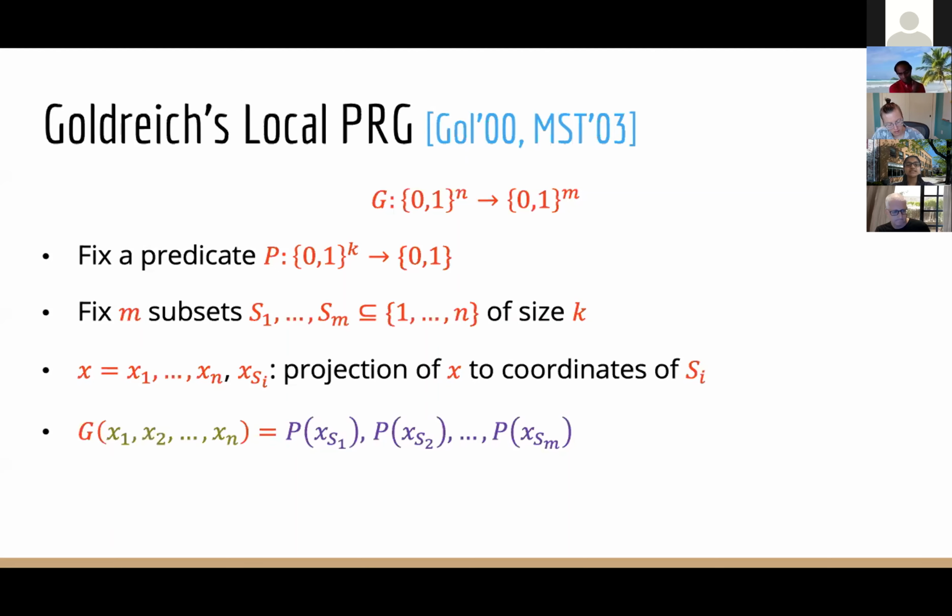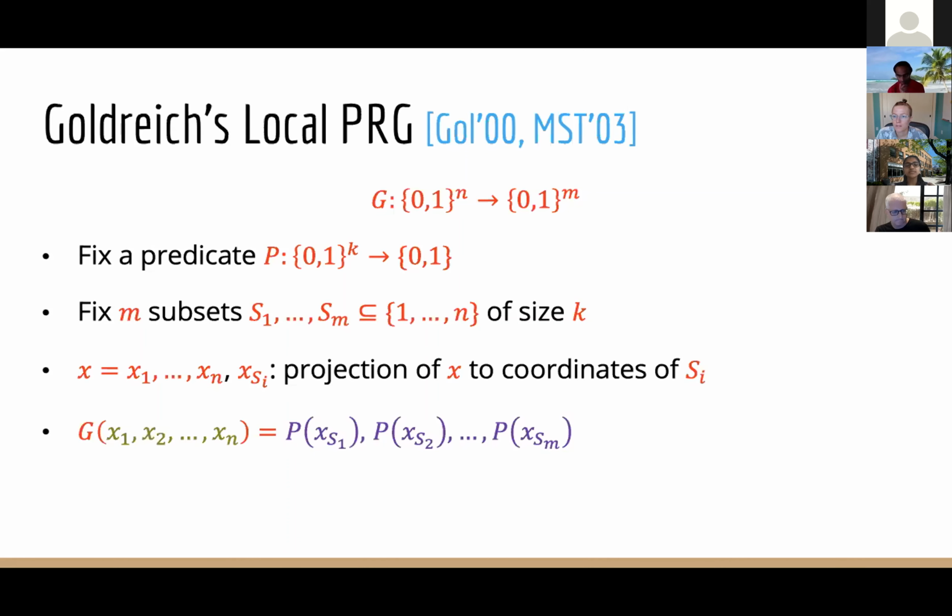So this is a proposal for a candidate local PRG construction, where by local, what one means is that each output depends on only a very few bits of the input string. And informally, a PRG is such that the output of this G is indistinguishable from a random m-bit string for adversaries with limited resources.